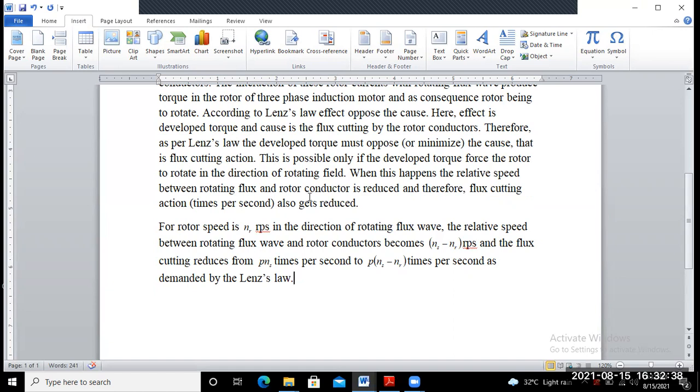So flux cutting action becomes P into (ns minus nr) times per second from P into ns times. That fulfills Lenz's law, is it not? So the three-phase induction motor tries to rotate in the direction of the rotating magnetic field at a speed of nr, not at the synchronous speed.